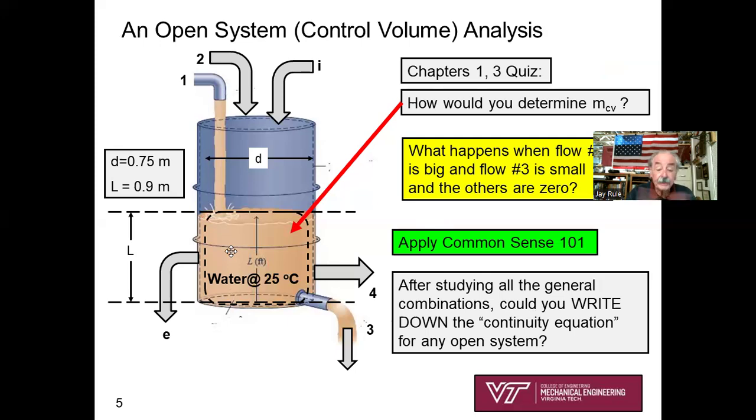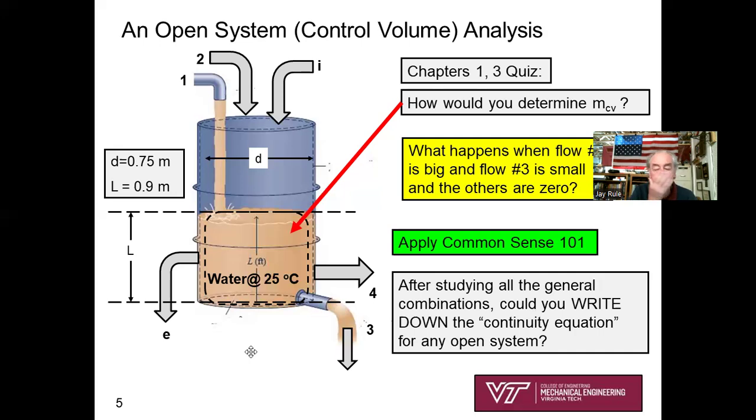Certainly you see that it's an open system, with three inflows, three outflows. How would you determine the mass of the water inside this barrel? Pretty easy so far, right? With your experience, it's simply the volume of a cylinder, pi over 4 D squared times L. That's going to be the volume.